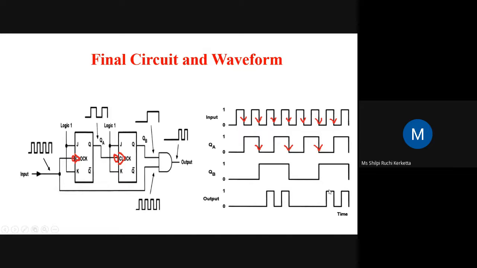Then a 1 here and a 1 here, so we get a 1. Then there is a 0, so we get a 0. At the last we have a 1 and a 1, so 1 into 1 gives a 1. So this is how we are getting the circuit. Okay, ma'am.